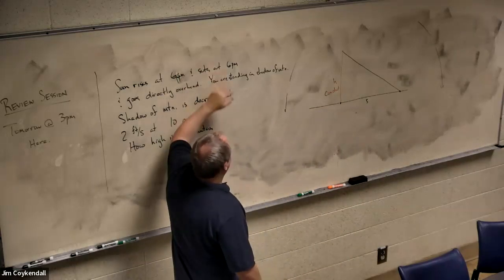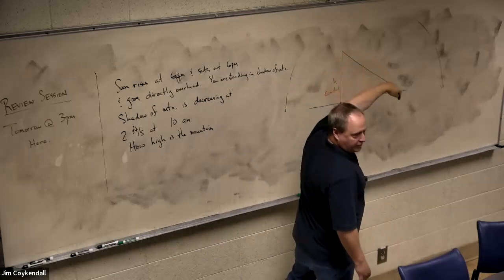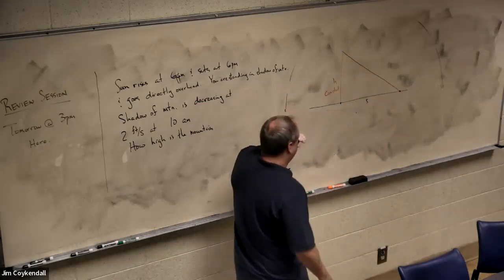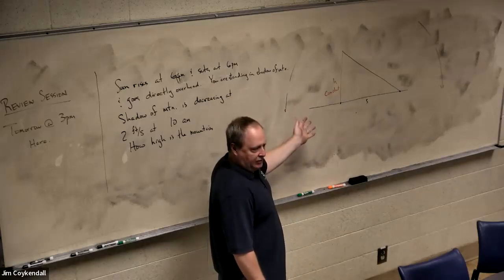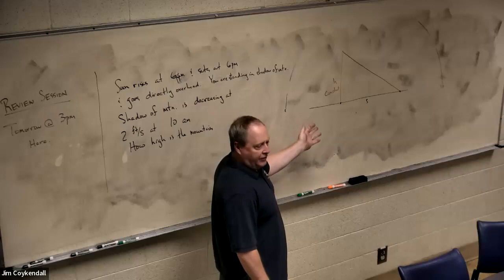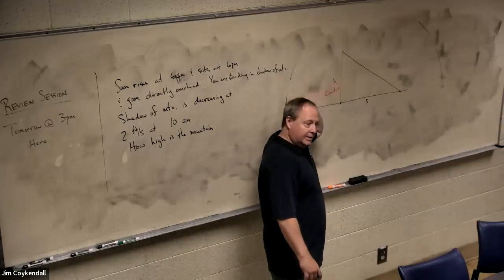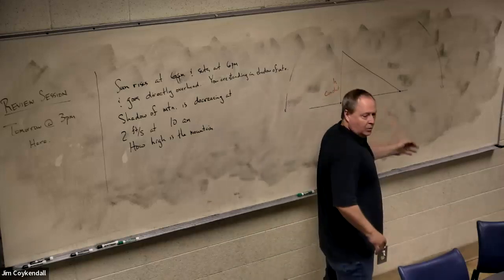Somehow we're going to turn this. The sun does some trick in 12 hours. As the sun does this trick, what changes? The shadow certainly changes. What else?